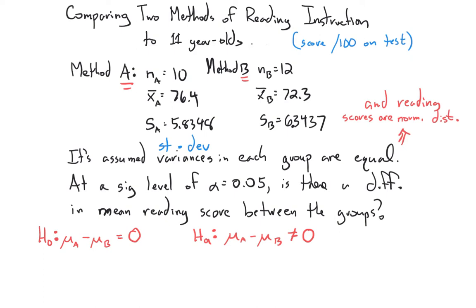Okay, so it's a good time maybe to pause the video and go to your flow chart about comparing two samples, decide what sampling distribution applies, and calculate the standard error. We'll do that on the next slide.